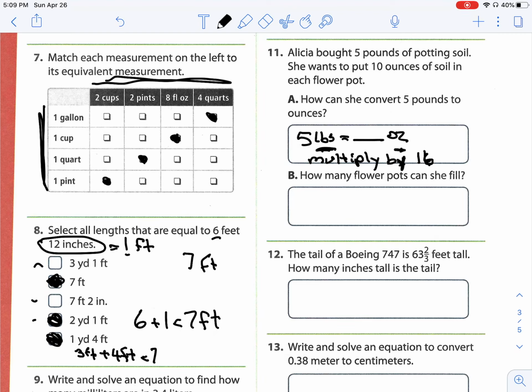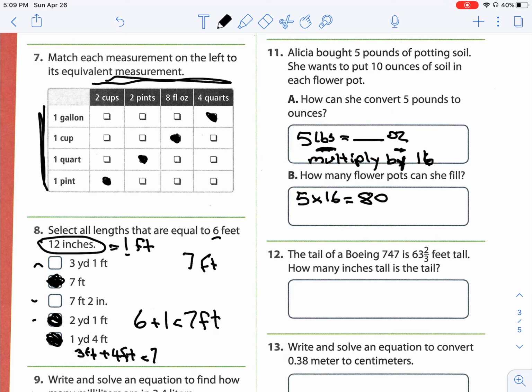Part B says how many flower pots can she fill? So we have 5 pounds and we have to multiply that by 16 to find out how many ounces. And 5 times 16 is 80. I know that one in my head. You can check it on your computer or calculator.